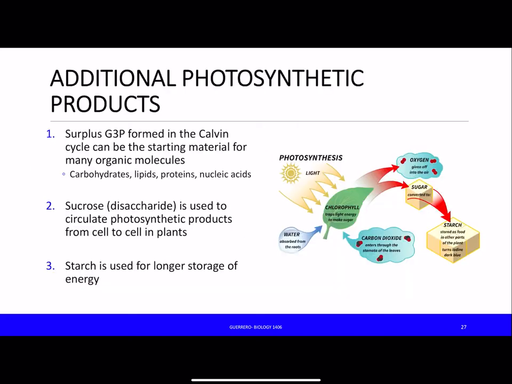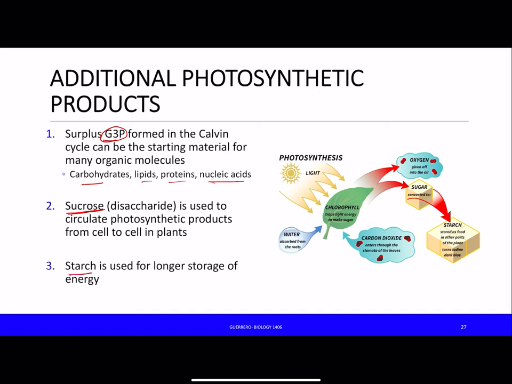Okay, so additional photosynthetic products. If we have any extra of those sugar molecules, they can be used to make all of the other organic molecules. So other kinds of carbs, lipids, proteins, or nucleic acids. Usually we circulate photosynthetic products from cells to cells in the form of sucrose in plants.